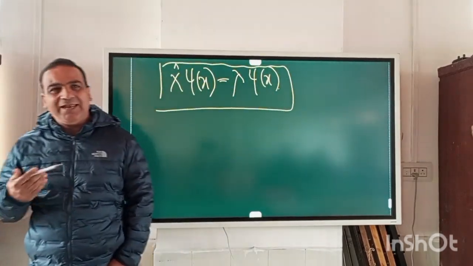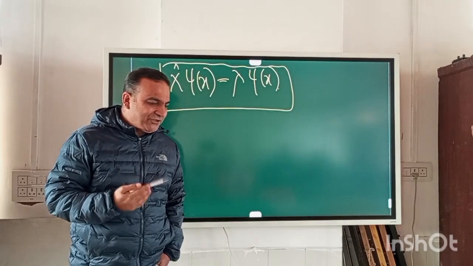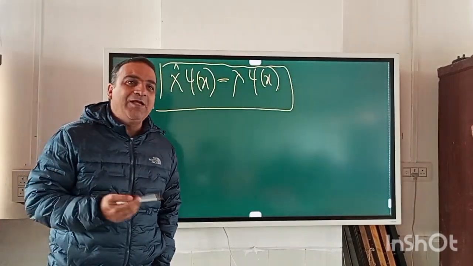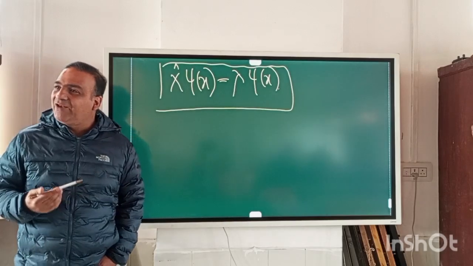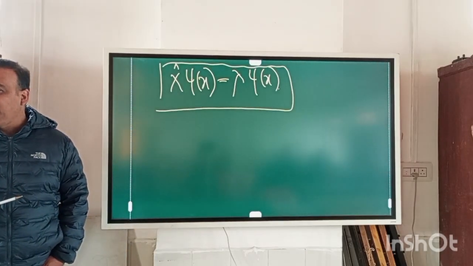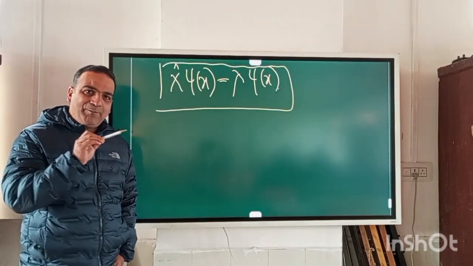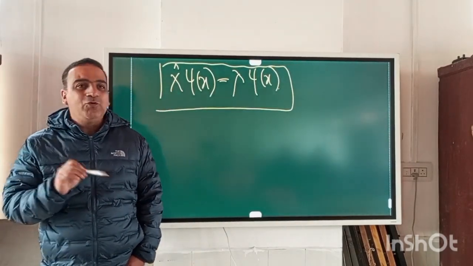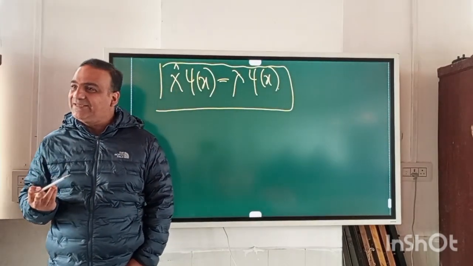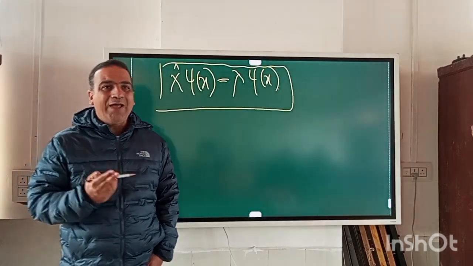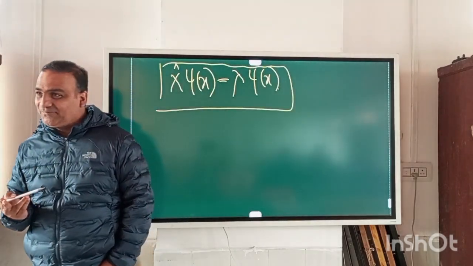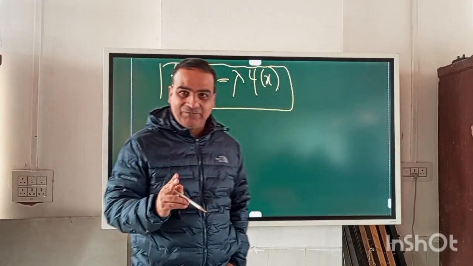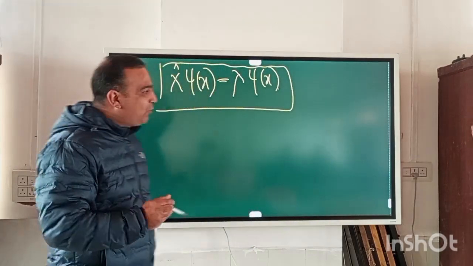I think in the previous lecture we actually solved an eigenvalue problem, when we were talking about the infinite square well problem, right? You had a particle in a one-dimensional box, and you calculated two important things for that particle. One was the energy, and the other was the eigenfunction. You remember that?